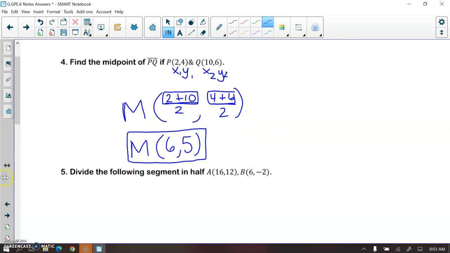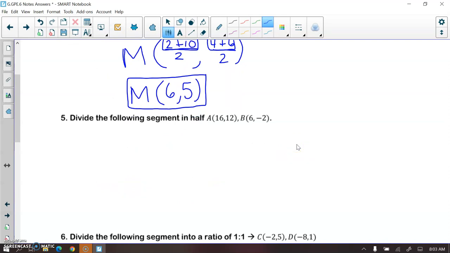Now number 5 is written differently. It says to divide the segment in half. That still means that you're finding the midpoint. So I'm going to label my points x1, y1, x2, y2, and I'm going to use my midpoint formula, which is x1 plus x2 divided by 2.